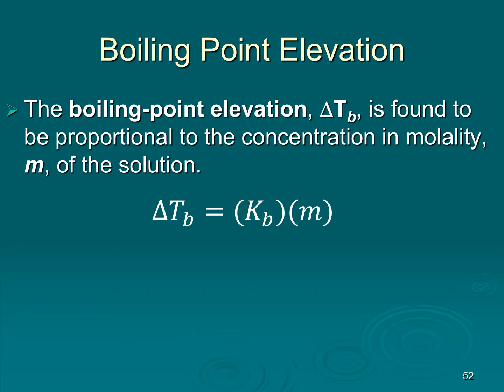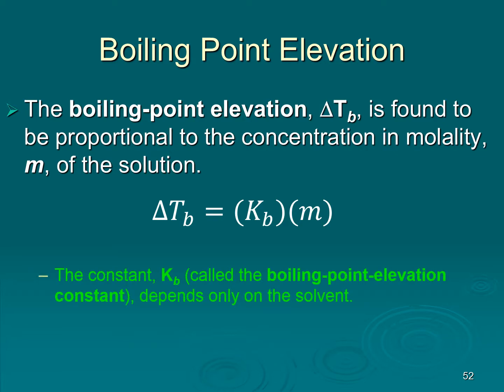And since temperature's changing, that's why we use molality instead of molarity. And remember, what is molality? Moles of solute divided by kilograms of solvent. Again, Kb is a constant that will either be given to you or you can look up, and it will depend on the solvent that you're talking about.